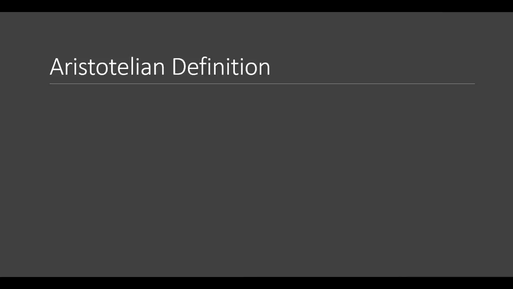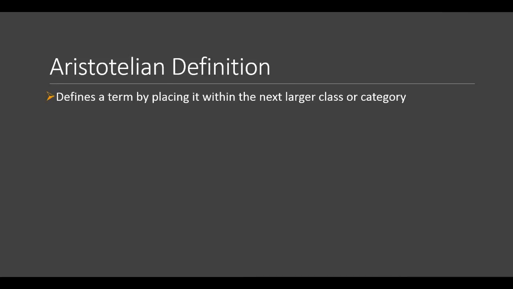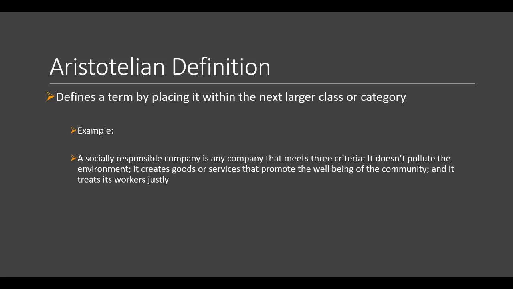Aristotelian definition is generally used in dictionaries. It defines a term by placing it within the next large class or category and then showing the specific attributes that distinguish the term from other terms within the same category. For example, a socially responsible company is a company, here the term is being placed in the next large class, that meets 3 criteria.